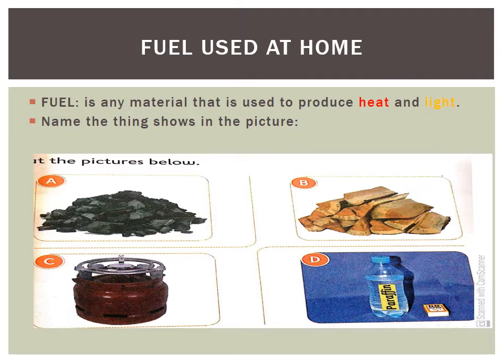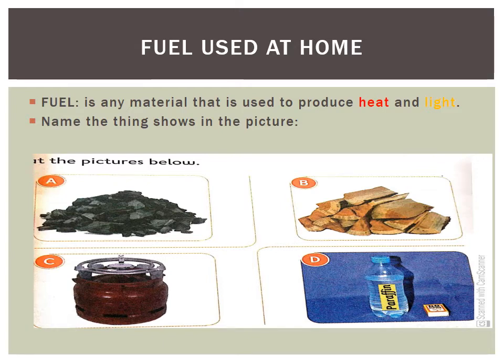We shall look at that down there. Now, we have pictures on our screens there. The first picture is known as charcoal. Charcoal is a source of heat and light, so it is a fuel.